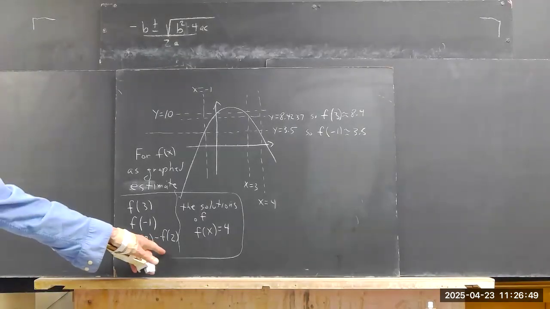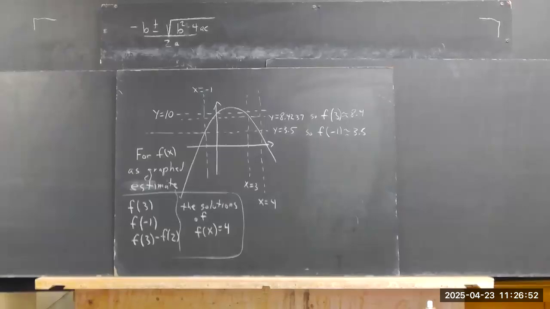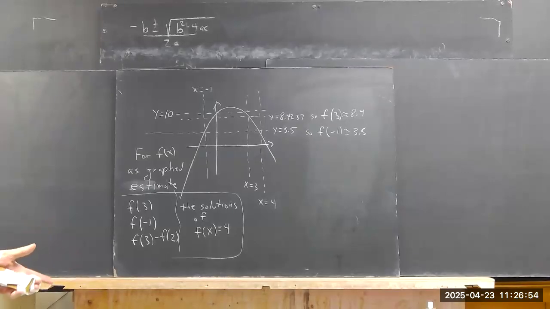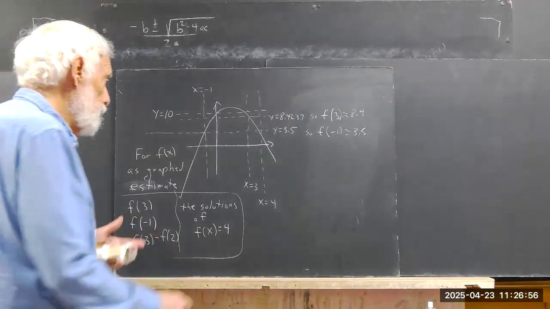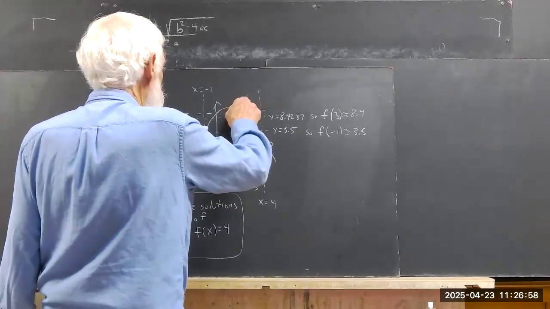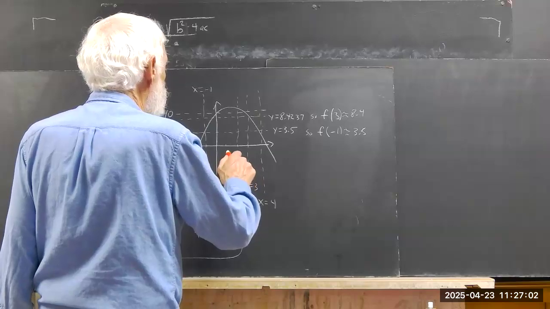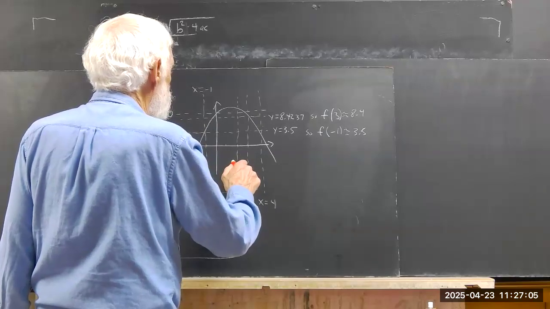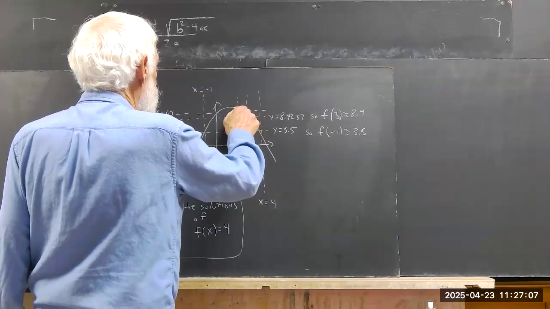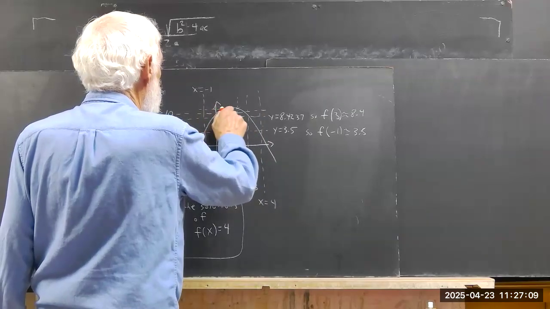Okay, now we do f of 3 minus f of 2. Well, we don't yet know what f of 2 is, but of course, we can draw the x equals 2 line. It intersects the graph up here.